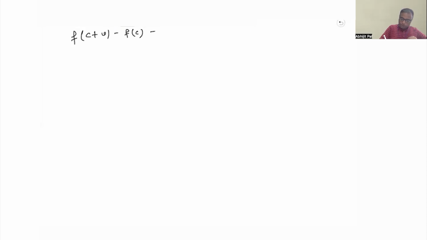So this means that there exists a linear function T_c such that this happens, where this error term goes to the zero vector if b goes to 0.